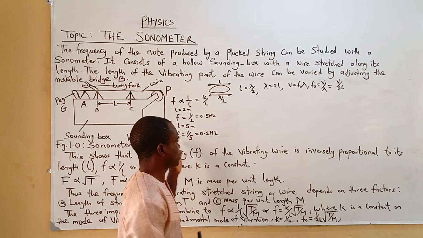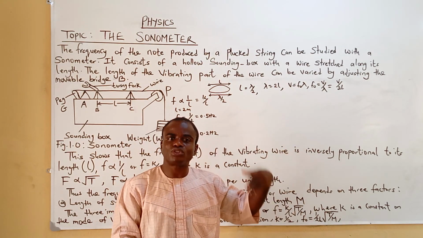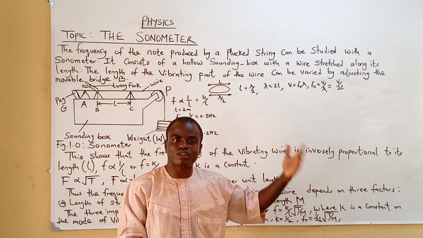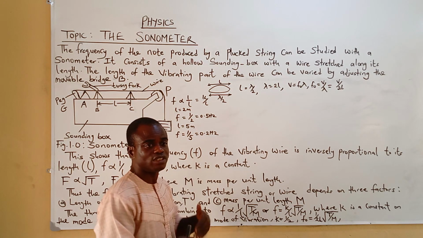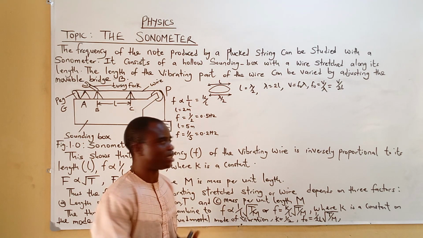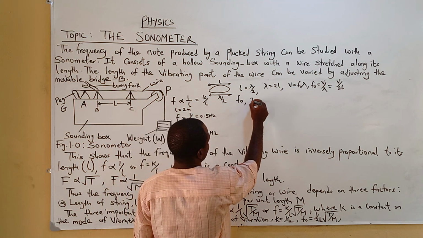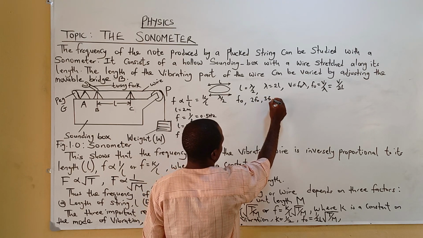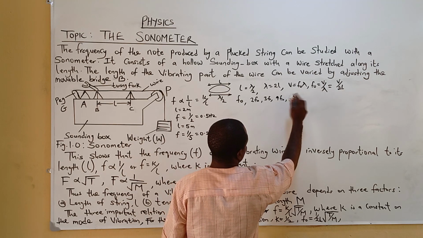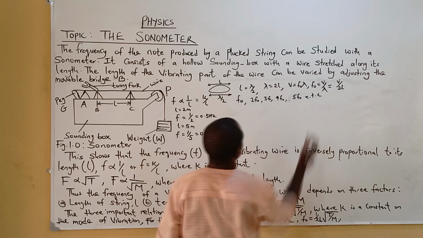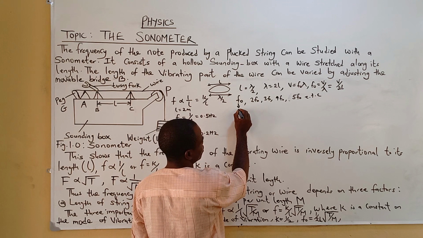That means that under sonometer, as we have under plucked string, we have f naught, 2f naught, 3f naught, 4f naught, 5f naught, 6f naught, a combination of odd and even numbers. Also in sonometer, we have the same similar combination of odd and even numbers, and so on.